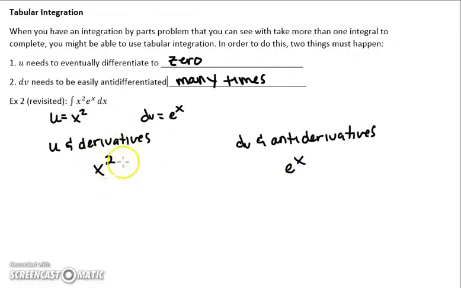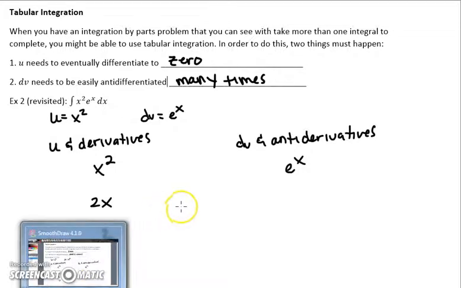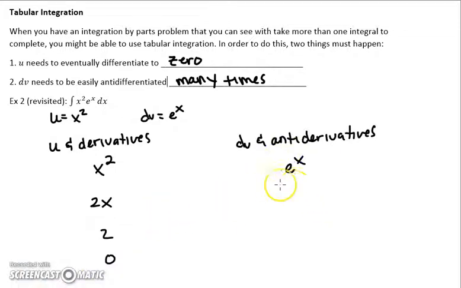This is eventually going to differentiate to 0, right? We take a derivative, 2x, take a derivative, 2, take a derivative, 0. Now we want to take antiderivatives. Well, antiderivative of e to the x is just e to the x, so we could do that forever. So once you hit 0 with your derivative, that's how many antiderivatives you're going to want to take.